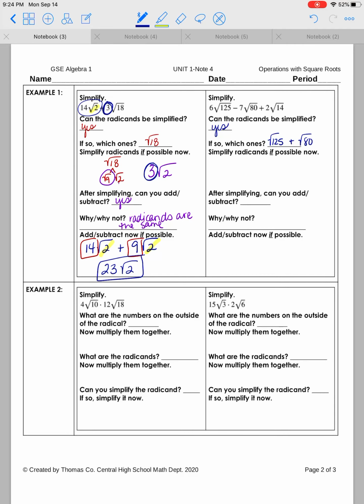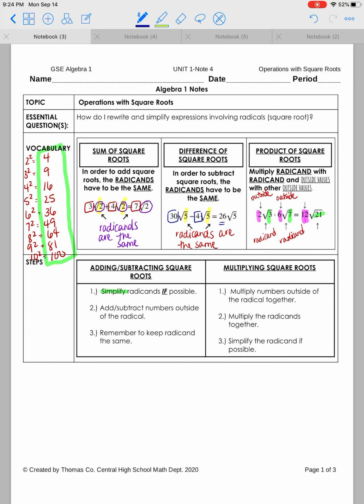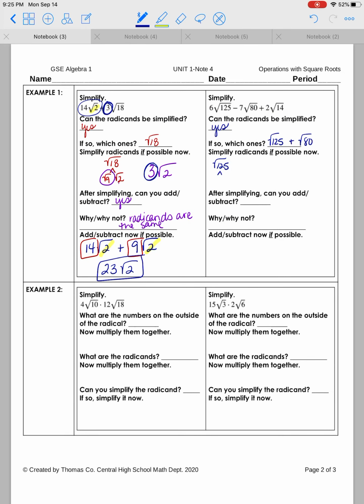So let's do the 125 first. So I'm going to come back over here into my list. I need a number, 4, 9, 16, 25, 36, 49, 64, so forth, that will divide into 125. I believe 25 will go into it.